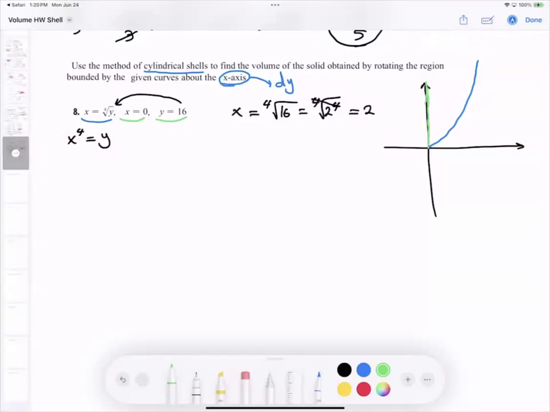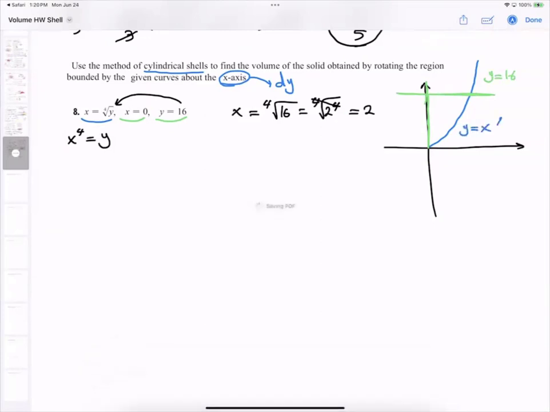And then you have y equals 16, which is parallel to the x-axis. And this is y equals x to the power 4. So this is the object that you try to rotate about the x-axis.